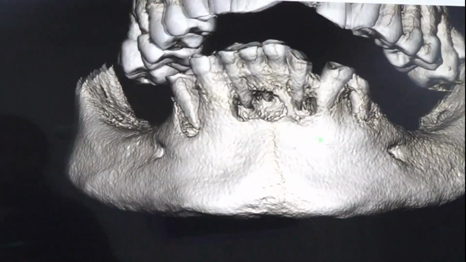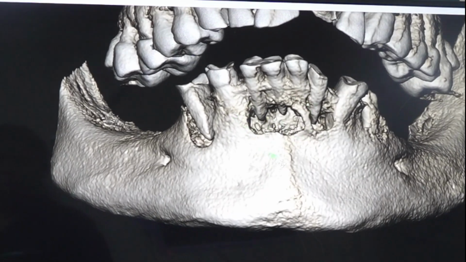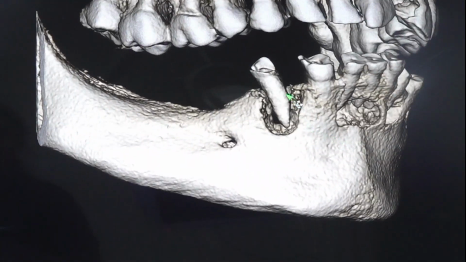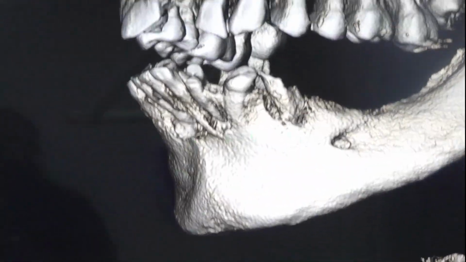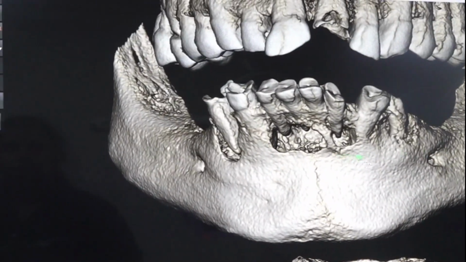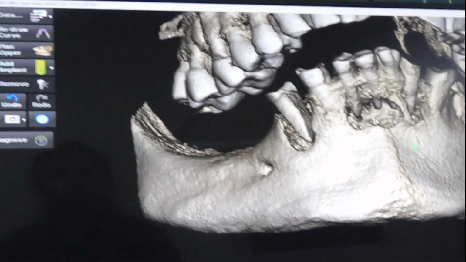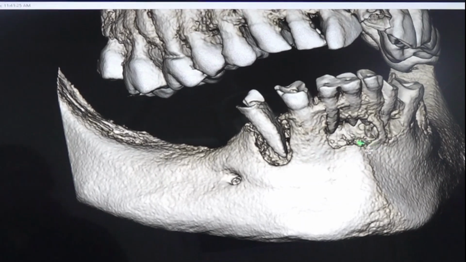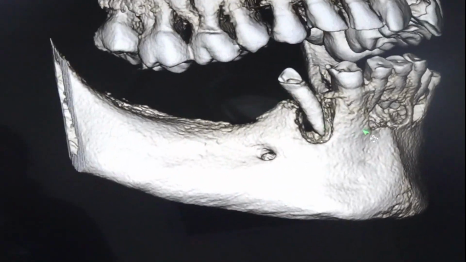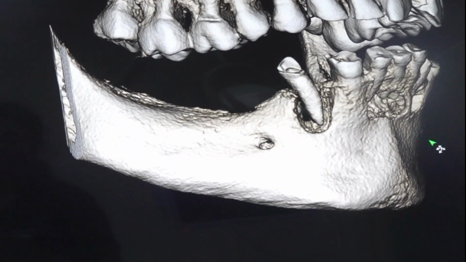There is a periapical cystic lesion in the premolar, in the lower anteriors, everywhere. Okay. So we have to do alveoloplasty till this lesion gets better, and remove this bone also.